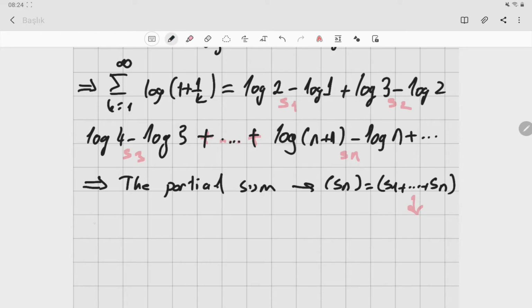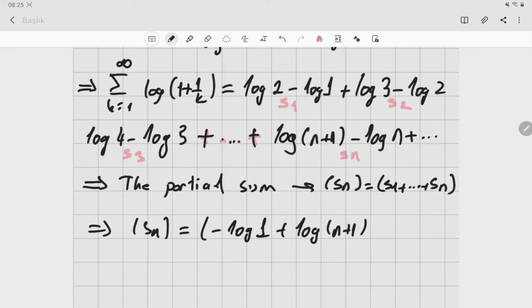As you can see, the partial sum Sn equals, okay, you may see some terms disappear, and we have, let me write the left hand side, Sn equals minus logarithm 1, which is already 0, plus logarithm n plus 1.